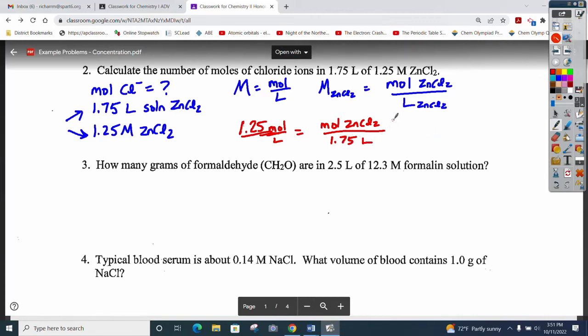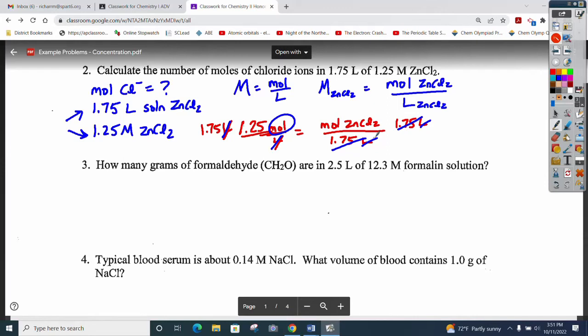So to solve algebraically, I'm going to multiply both sides by the 1.75 liters. Do you see how you have liter on top, liter on bottom, so they cancel out? I'm going to do that in a different color so that you see it, leaving you with moles. And then, of course, on this side, the number and the unit both cancel out.